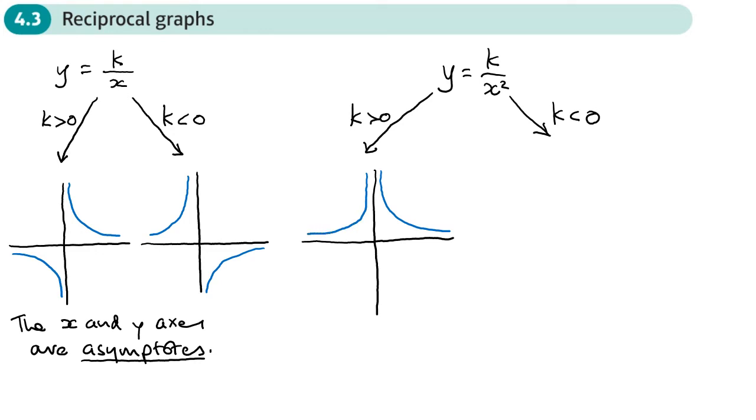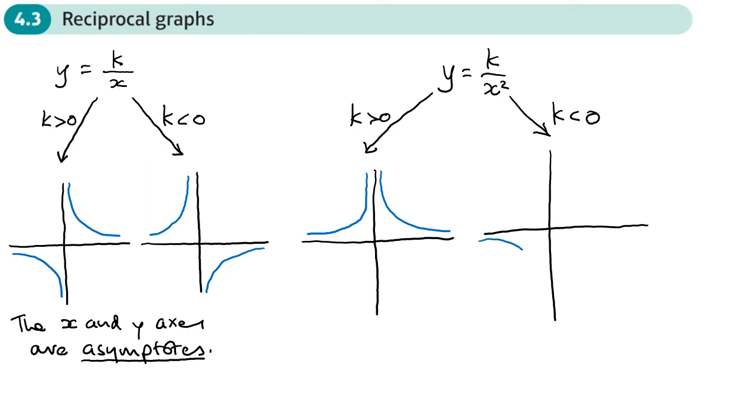Okay, so again, this rule about the x and the y axis being asymptotes applies to this graph here, and actually applies to all 4 of these sketches I'm going to draw. And the last one here, what does the reciprocal graph look like when k is less than 0? Well, if k is negative, even if x is negative, x squared becomes positive, so this whole expression is always going to be negative. y is always going to be negative.